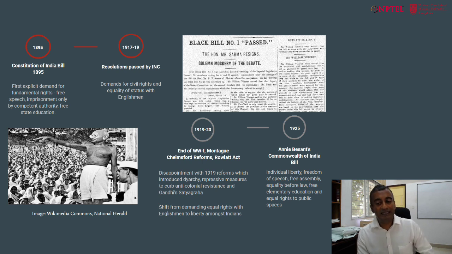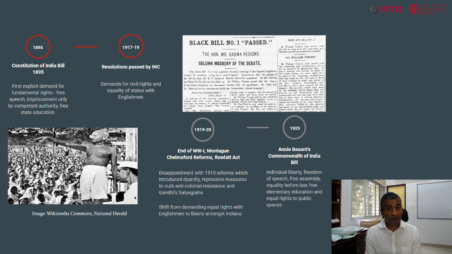In 1919 and 1920, and this is all post-World War I, the Montagu-Chelmsford reforms and the Rowlatt Act come into being. And these generate fresh demands for rights protections. The 1919 reforms, for those of you who paid attention in your civics class, introduced a model of government called diarchy.